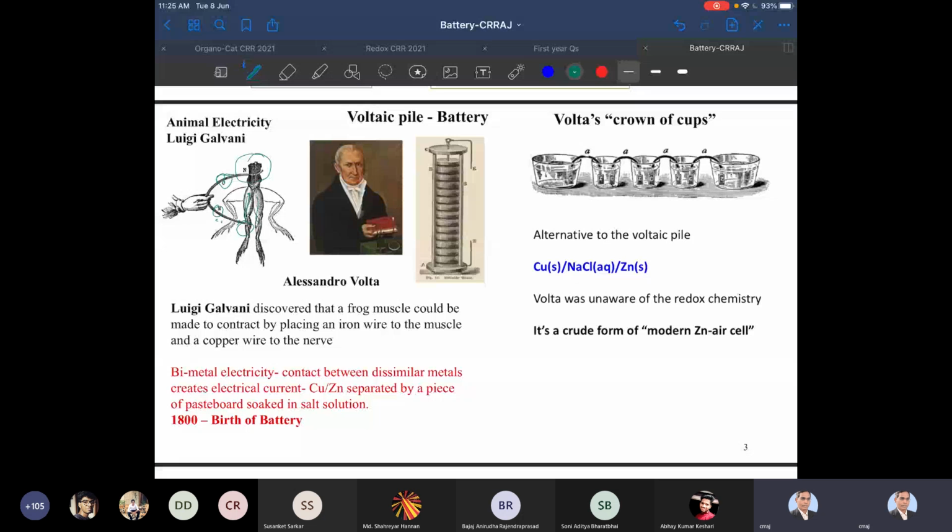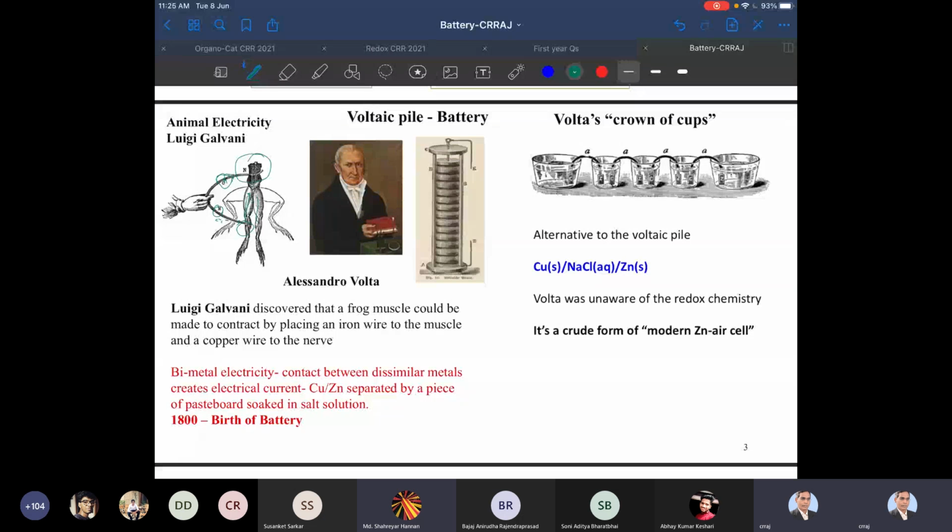He did not notice that the two metals are different. This is basically connecting copper and zinc. Now you know that if you put copper in copper sulfate and zinc in zinc sulfate and connect them, what will happen? Anybody? A potential development. Yeah, right. You know that.